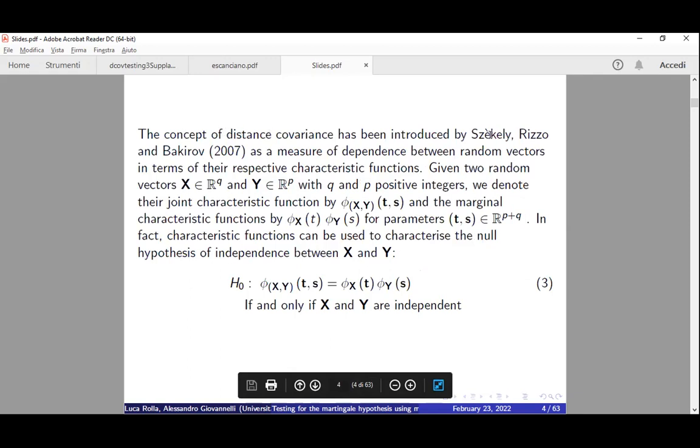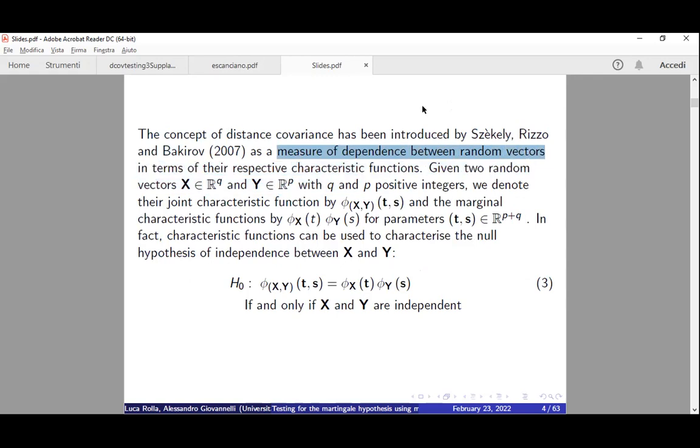Some words about distance covariance. It was introduced by Szekely, Rizzo and Bakirov in 2007. It is a measure of dependence between random vectors of any dimension, for vectors x or y of any dimension p. It is constructed starting from the characteristic function.